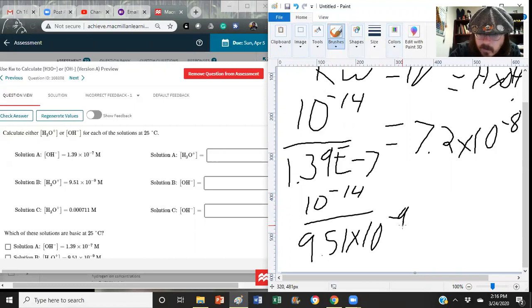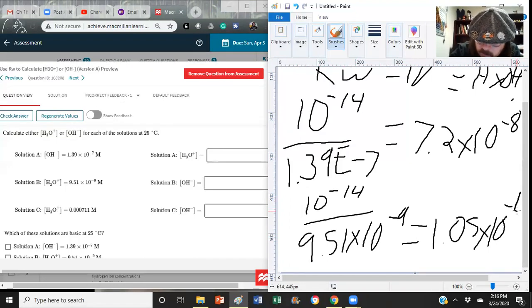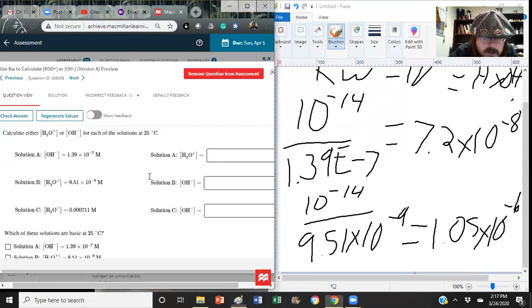You should get the amount of base is 1.05 times 10 to the negative 6. And I'm not going to bother to do C, but it's the same premise. You take 10 to the negative 14th, our KW, and divide by our H plus to get our OH minus.